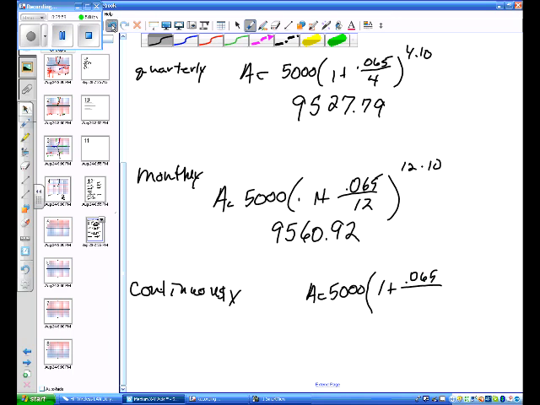Excuse me, we're not going to use that formula. We're using our continuous one, which is A is equal to our principal, 5,000, times e raised to the rt. Now, r was our interest rate, times the number of years that we're going to leave it in there.